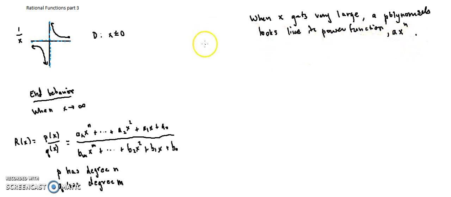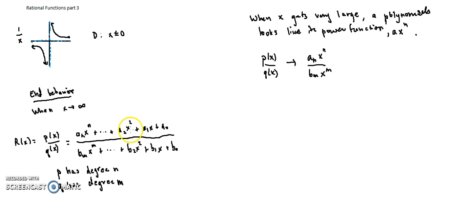Alright, so what happens if we have p(x) over q(x)? What happens when x gets very, very large is it starts to look like a_n x to the n over b_m x to the m. Okay, remember when we talked about this before, when x gets really, really big, these other numbers don't matter as much.